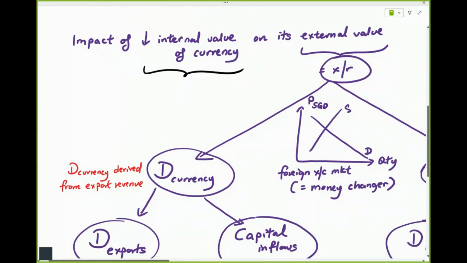Fall in internal value. What exactly is it? Rise in inflation rate. And I hope you're okay, I use pi to represent inflation. It's not profits. Okay. This is inflation. So we are looking at the impact of a rise in inflation rate on exchange rates.